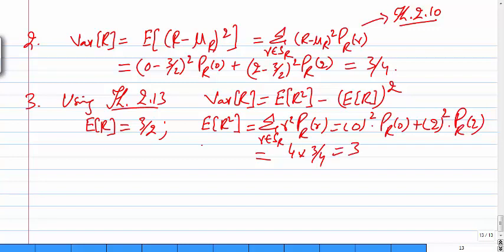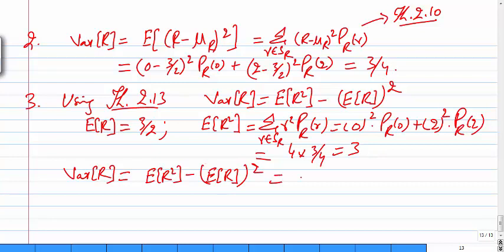Now put in the formula. Variance of R is equal to expected value of R square minus expected value of R whole square. When we plug in the values, it becomes 3 minus mu, which we already know is 3 by 2, whole square. When we solve this, it again becomes 3 by 4.